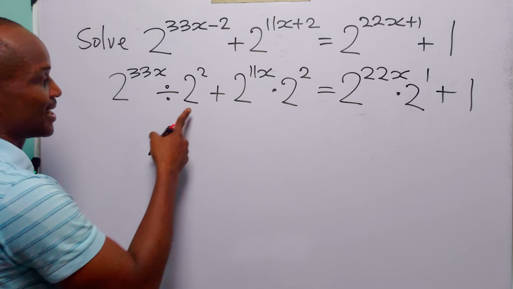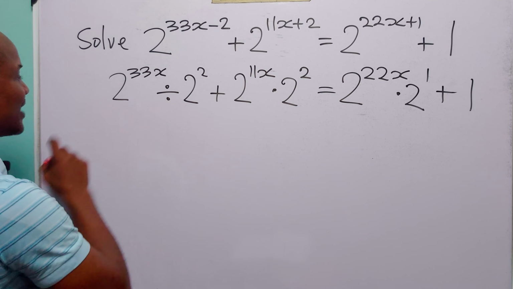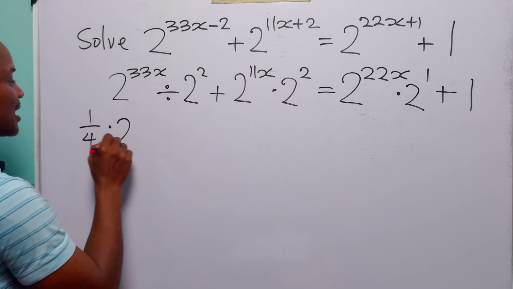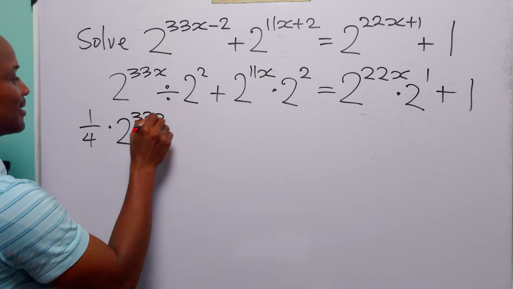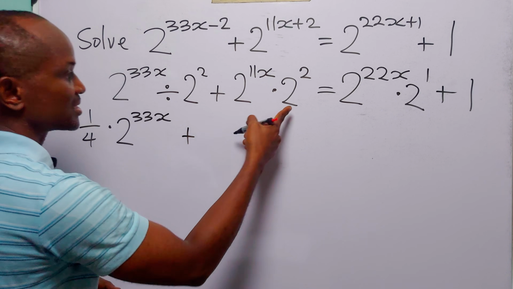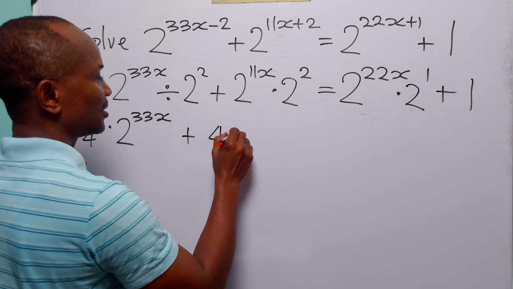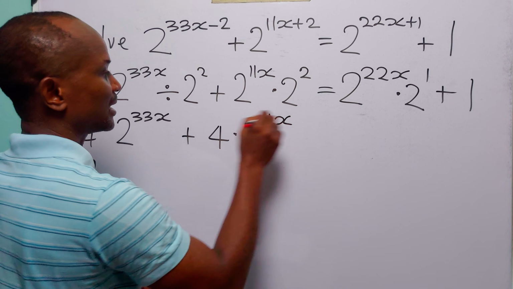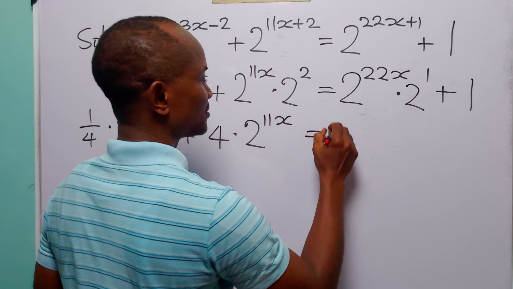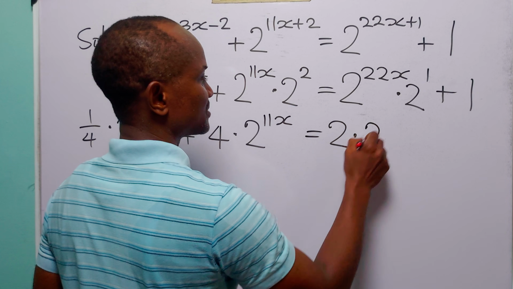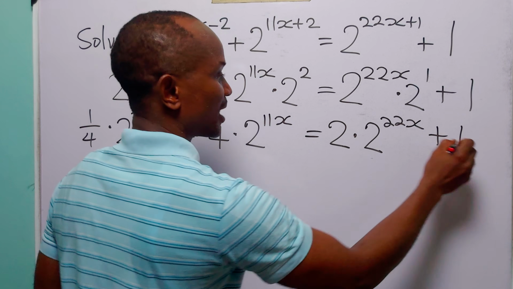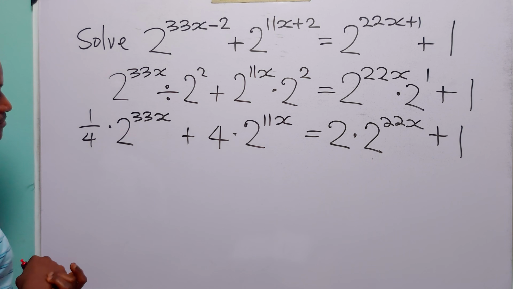Now, 2 squared is 4. We are dividing, so this is 1 over 4 times 2 to the power 33x plus 4 times 2 to the power 11x. This is equal to 2 times 2 to the power 22x. Then we have plus 1.